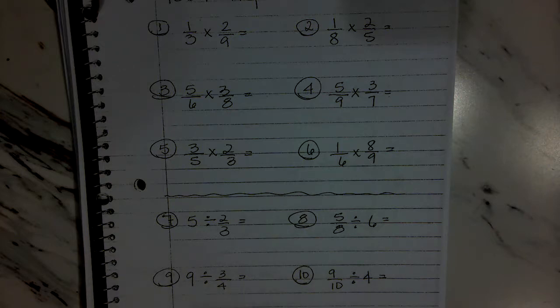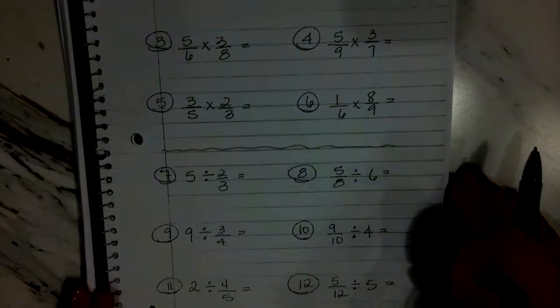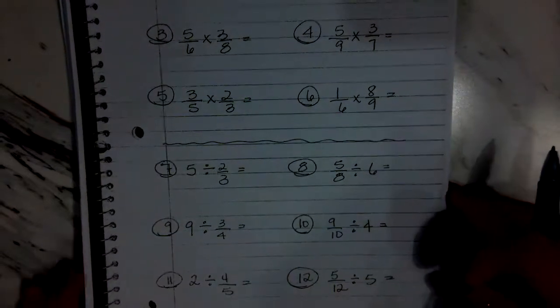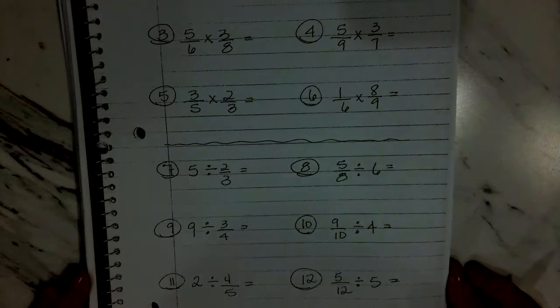So the big idea here is for you to practice. And so I want you to write down these 12 problems. And you're going to complete these problems and come back and check your work.